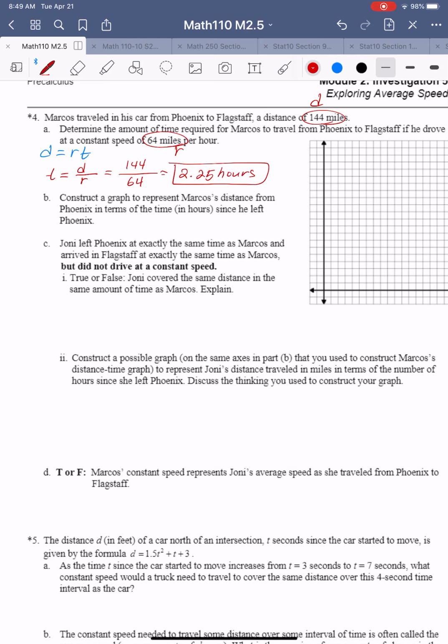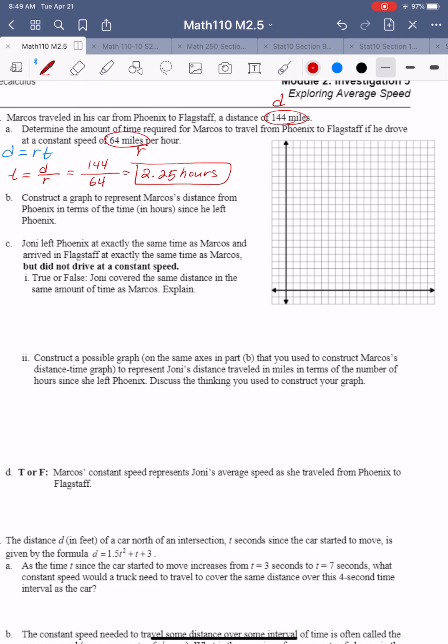And then construct a graph to represent Marco's distance from Phoenix in terms of the time since he left Phoenix. So if you grab this, which is 2.25, let me put that as every 4 marks is 1: 1, 2, 3, 4 is 2; 1, 2, 3, 4 is 3; 1, 2, 3, 4 is 4.